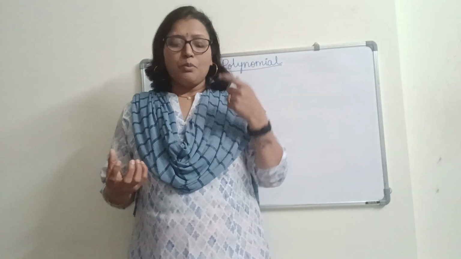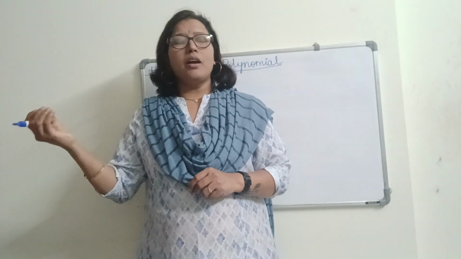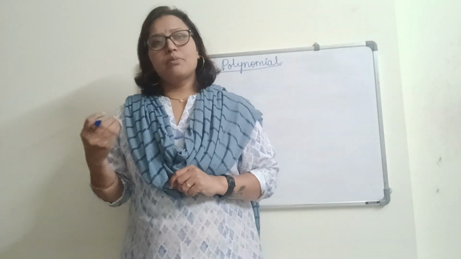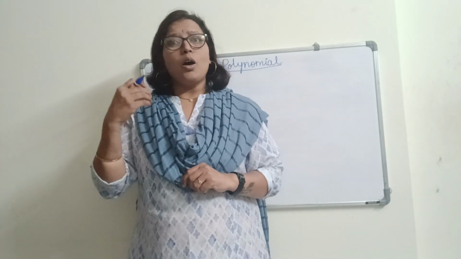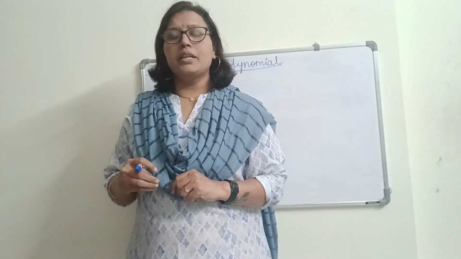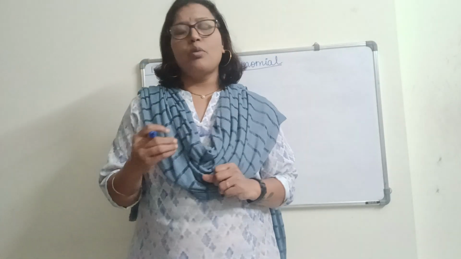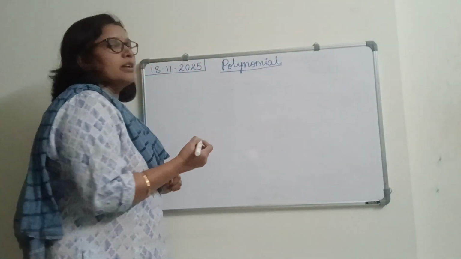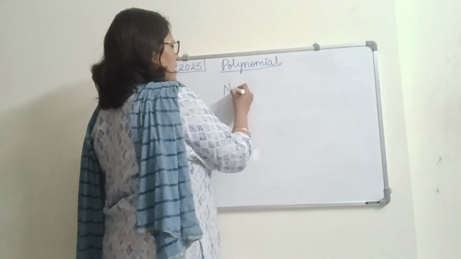Suppose we know the identity, the additive inverse. Among the many properties of numbers we know the reciprocal, the multiplicative identity, or the additive identity. Like that, here the additive inverse is there. What is meant by additive inverse?